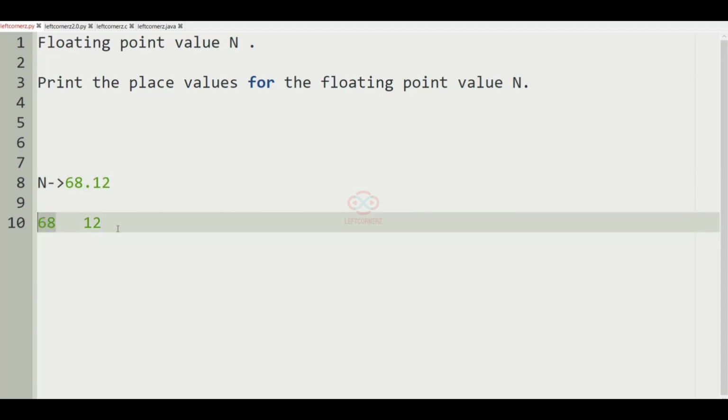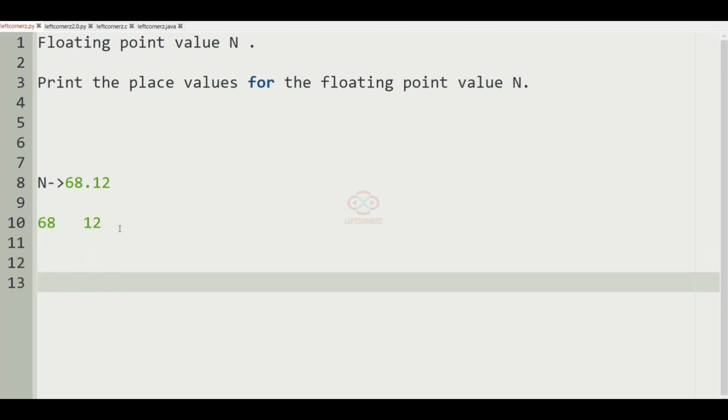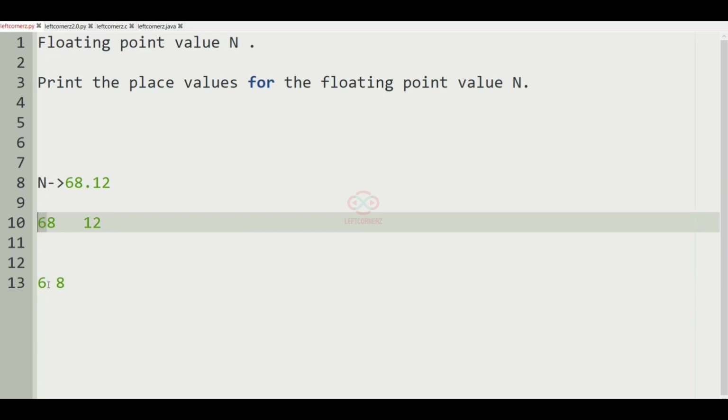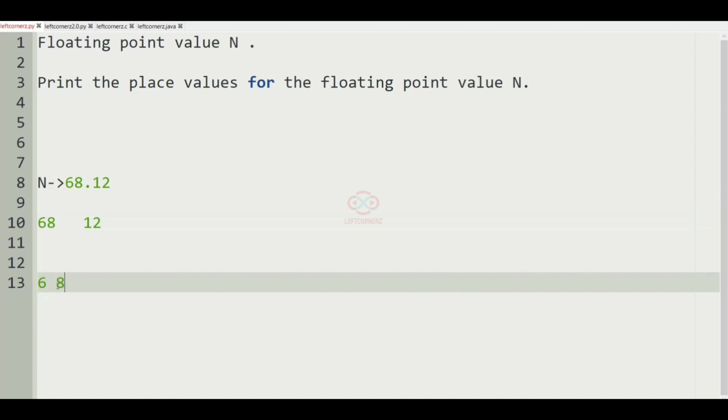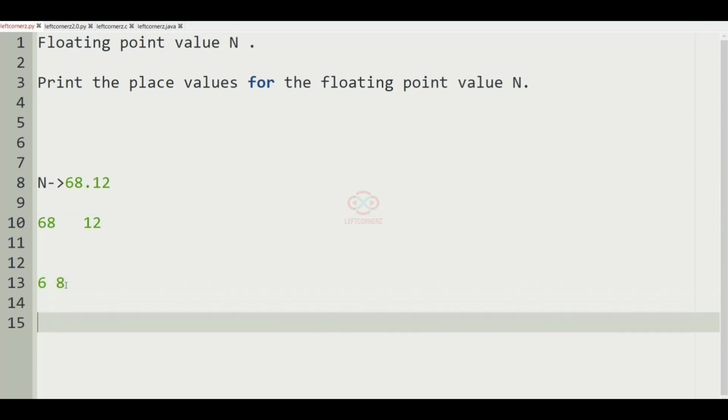So when we consider 68, it is 60 plus 8, right? So the 8 is in the unit place and 6 is in the 10th place.